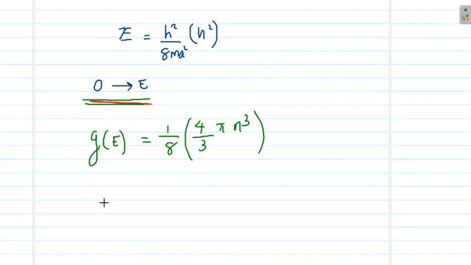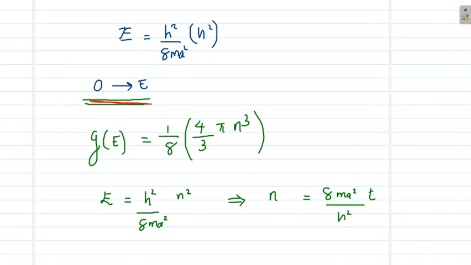Now we know the equation connecting energy and n as E equal to h square by 8 ma square into n square. So from this equation, the equation for n can be calculated as n equal to 8 ma square by h square into E whole raised to 1/2.